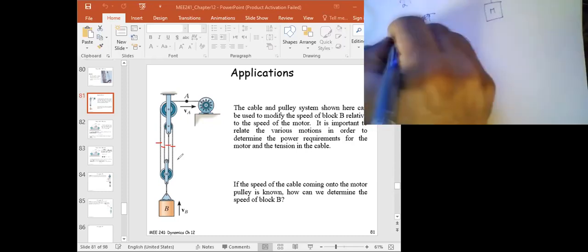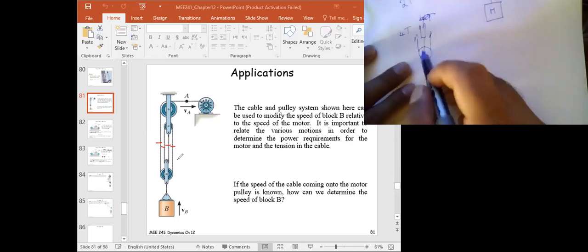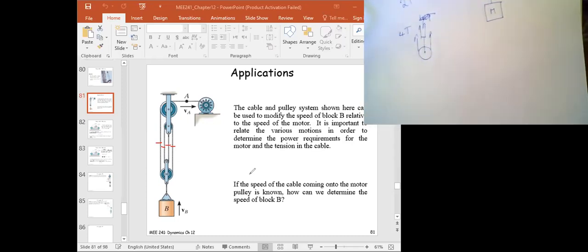Let me draw it. So I'm lifting this object with 4T, so my mechanical advantage has been amplified by 4. The easiest way to visualize by how much you are amplifying the load is by making a virtual cut in your pulley, and then you can count these.